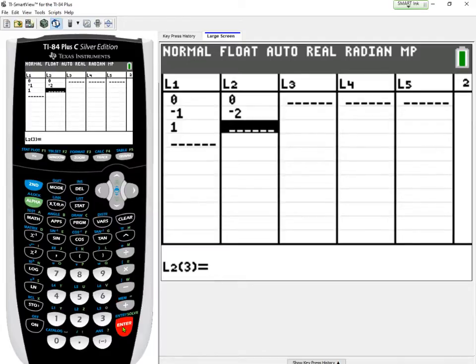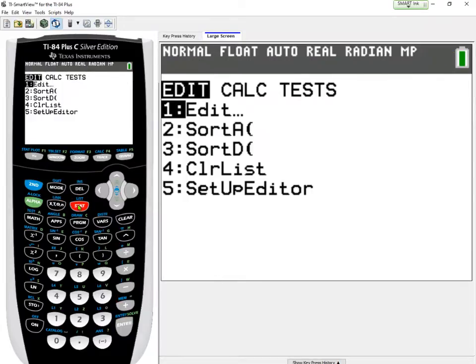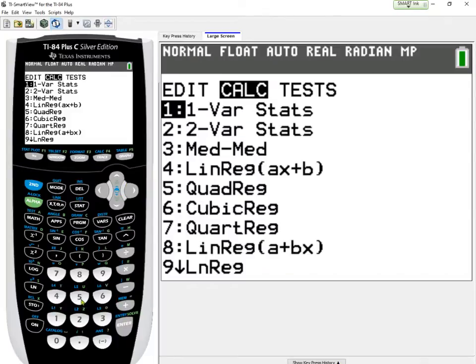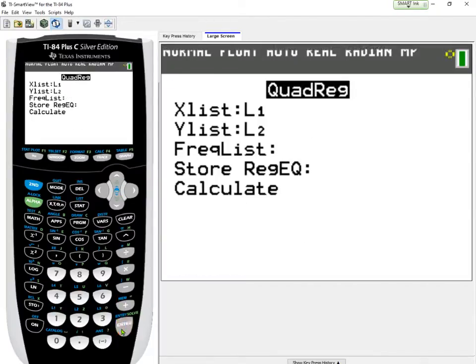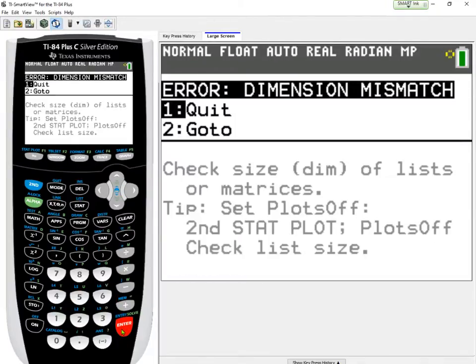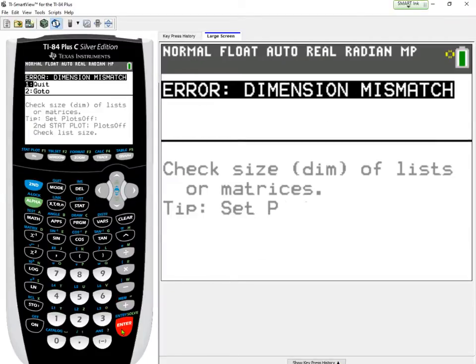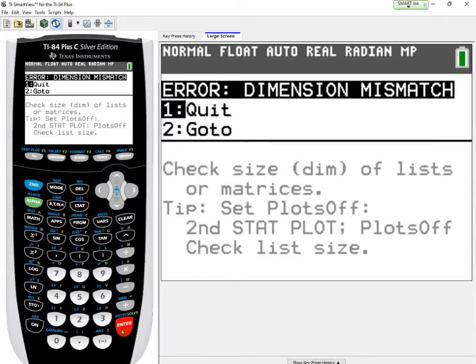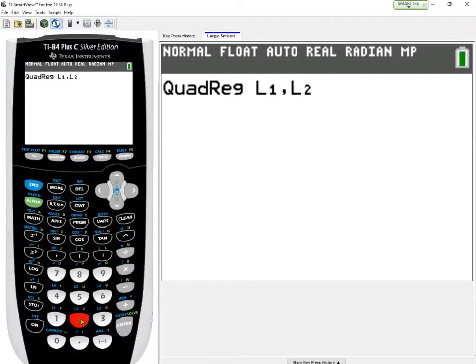So in this case, if I try to write it, check it out. Stat, calculate, 5. It's going to say dimension mismatch. You see it? How do you enter that dimension? So if you do have that, I'm going to go back into there.